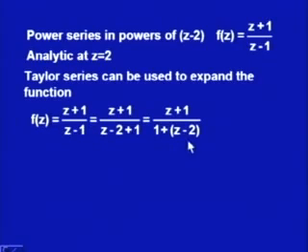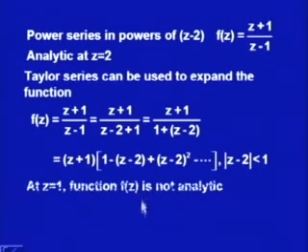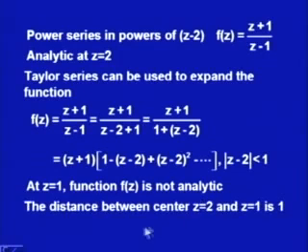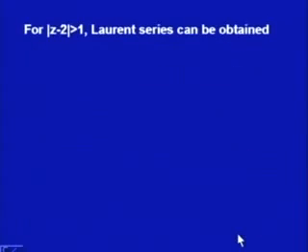So, we write down the function in this manner and then expand the denominator in powers of z minus 2, provided modulus z minus 2 is less than 1, otherwise this will not be convergent. And at z is equal to 1, the function f(z) is not analytic. So, the distance between the center z is equal to 2 and the point where the function is not analytic is 1. That is why we say the radius of convergence for the series is R is equal to 1, and we have the Taylor series expansion.